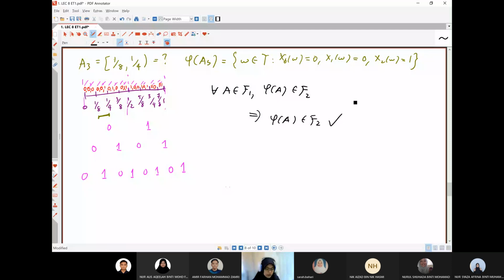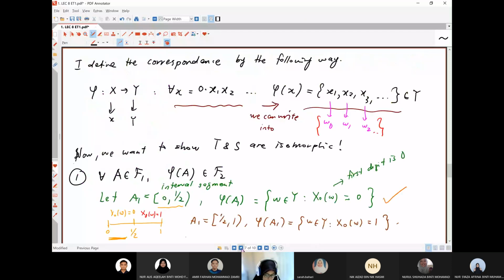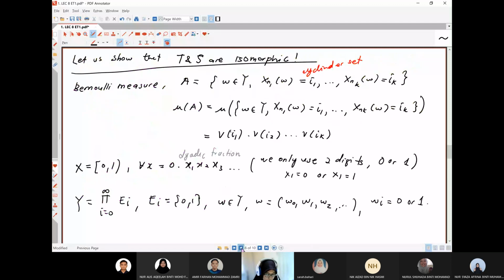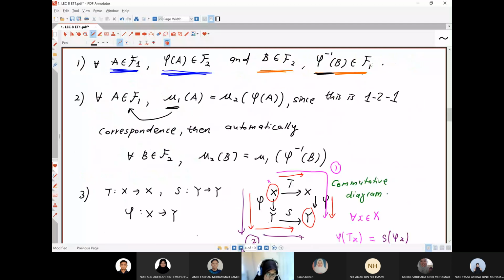Okay. So again the isomorphic part, the first properties here, so for any A in F1, you have to show the image of A is in F2. So actually kalau dah 1-to-1 correspondence, kalau you have another set B in F2, you can show the inverse of B is in F1. So it's enough for us to show only this part lah.